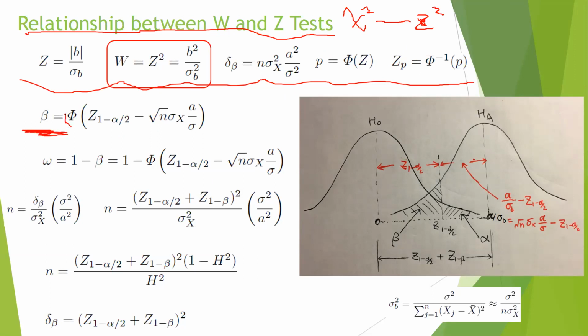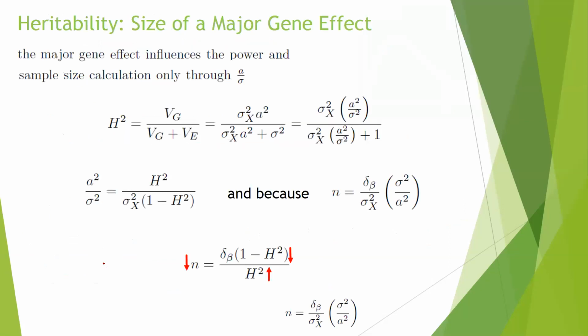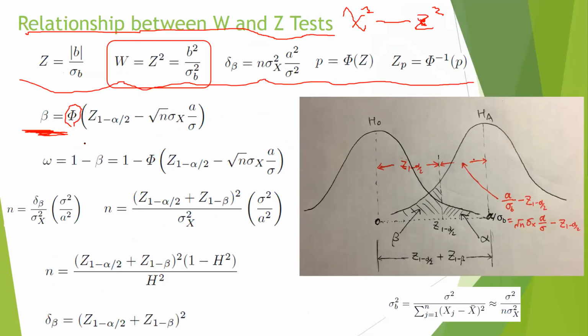In the past we used chi-square to calculate this beta, but here we use the normal distribution. This big phi represents the cumulative density function for the normal distribution.